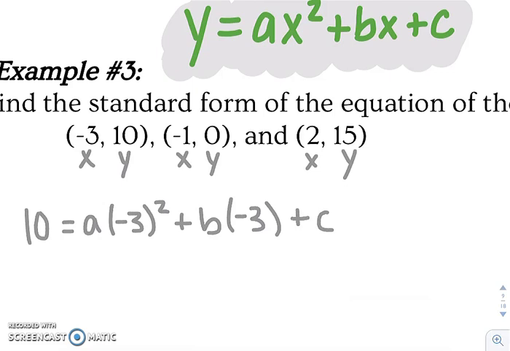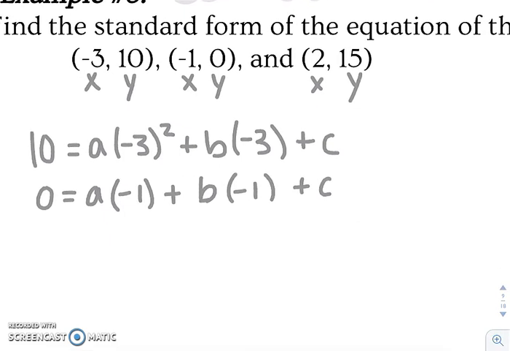Then your second equation will be 0 equals a times -1 squared plus b times -1 plus c.